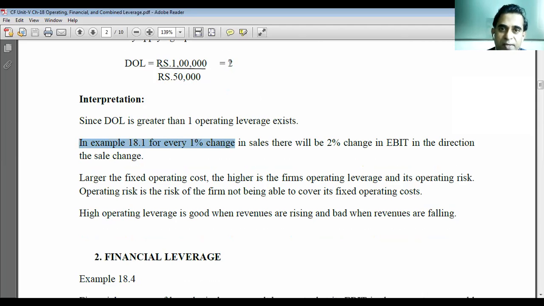In example 18.1, which we just solved, the degree of operating leverage is 2. What does it mean? It means for every 1% change in sales, there will be a 2% change in EBIT, in the direction in which sales change. Is it true?